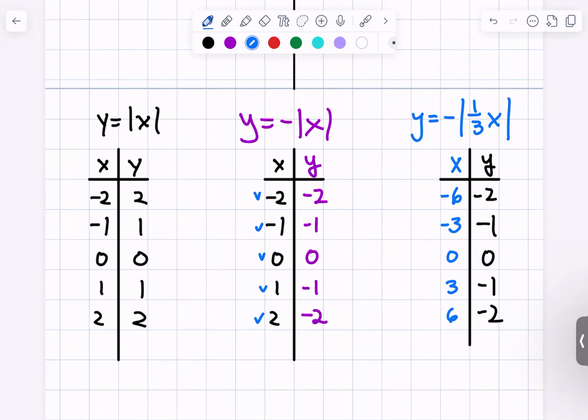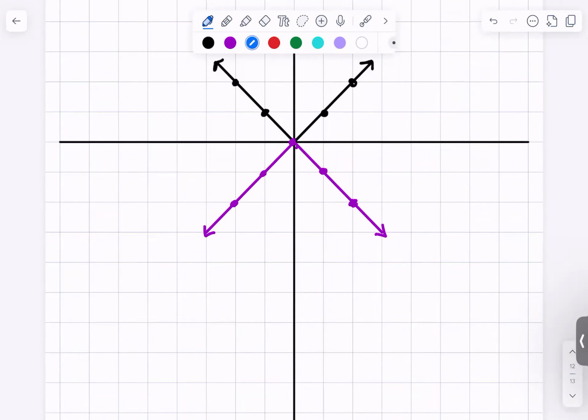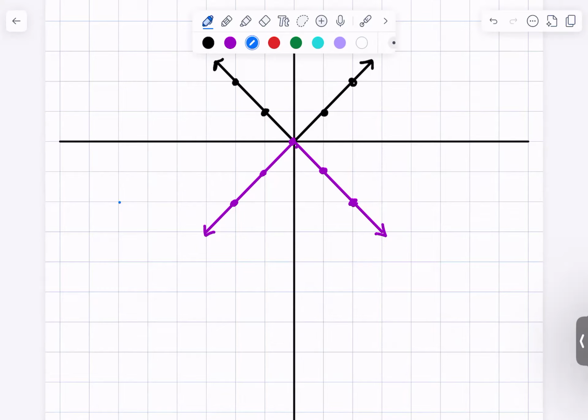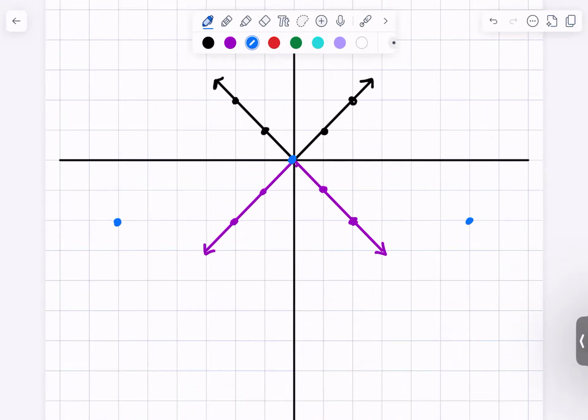So -6, -2, right here. And the mirror would tell me 6, -2. This one, 0, 0. And then I have -3, -1 and 3, -1.